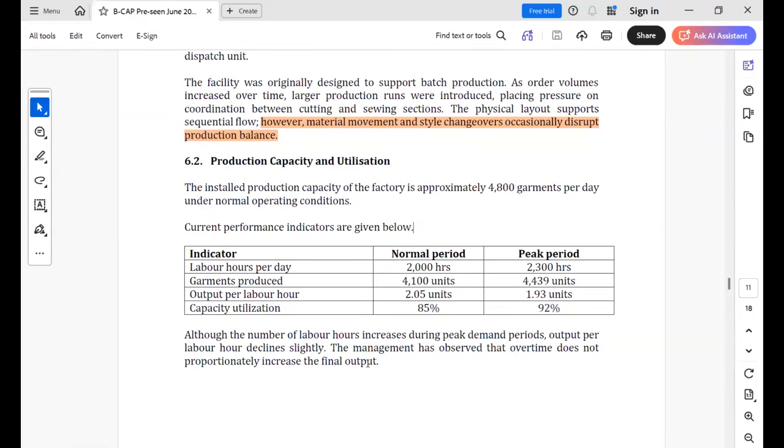So the expected outcome during the peak period has not come, even though you pay the overtime, which means overtime is basically not an effective mechanism, right? That is not the real encouragement.